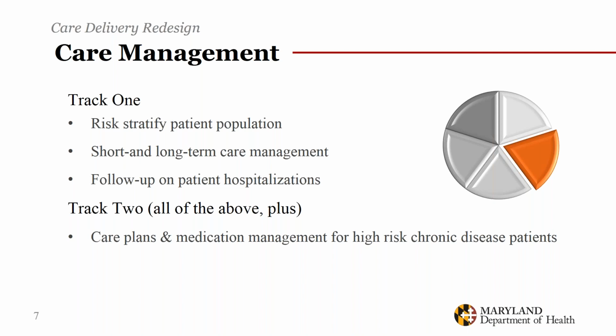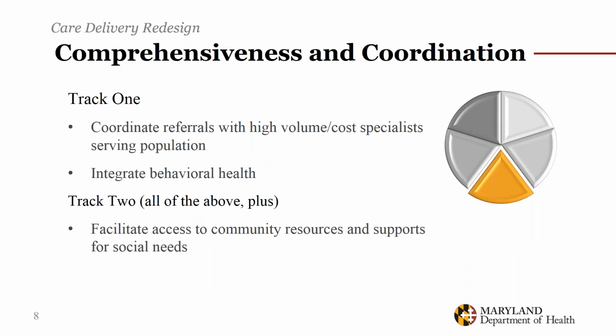And the next domain, care management, which is really the largest focus of the program in providing resources to practices to improve the health of their population. In track 1, there's an expectation practices will risk stratify their patient population.